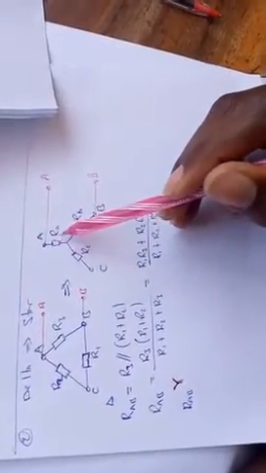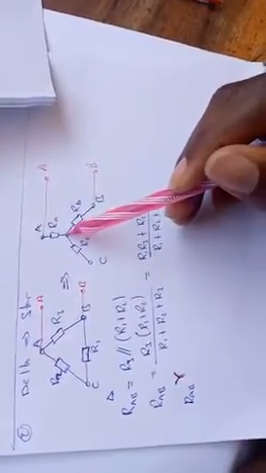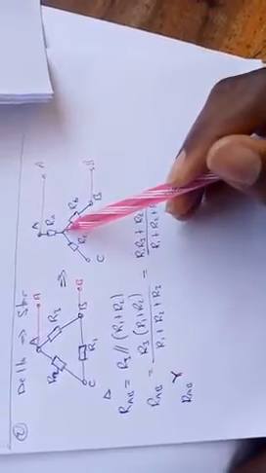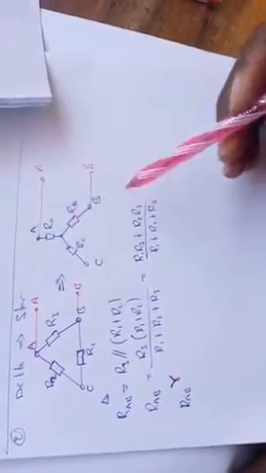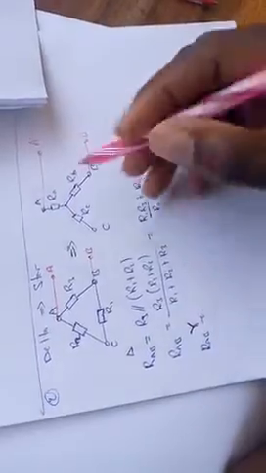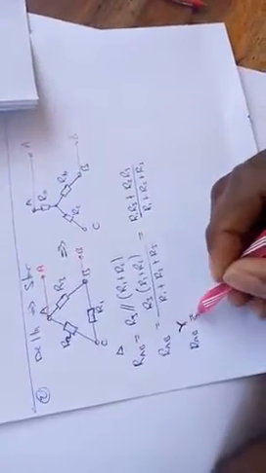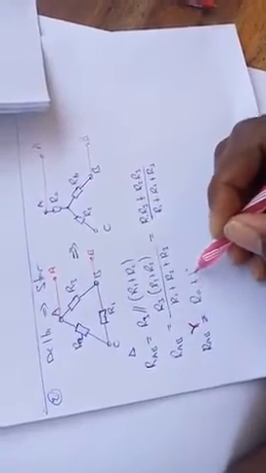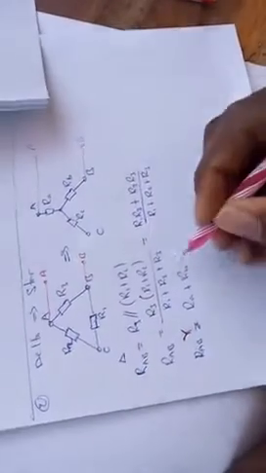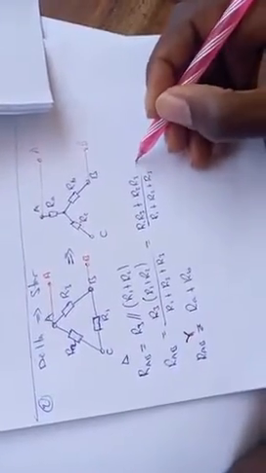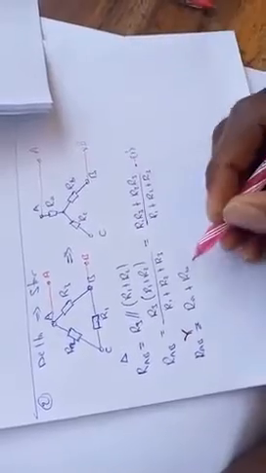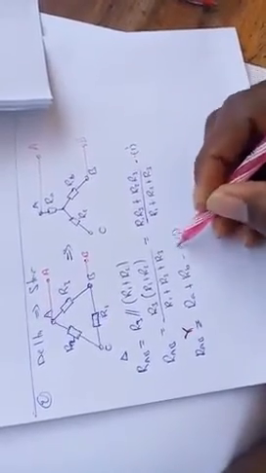I pass through resistor RA, then the neutral to there. So these two are in series, so I have RA plus RB. I can name the first one my first equation, then this my second equation.